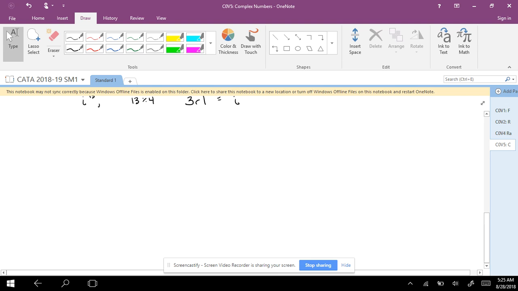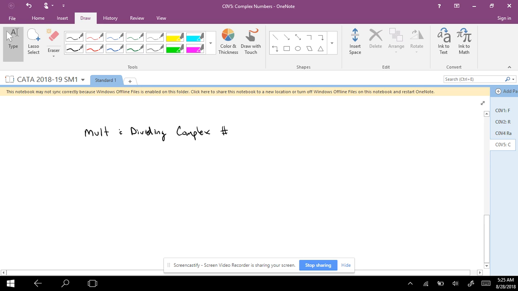Multiplying and dividing follow a lot of the same rules that we would with radicals.